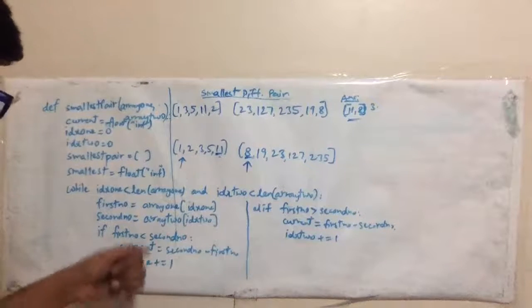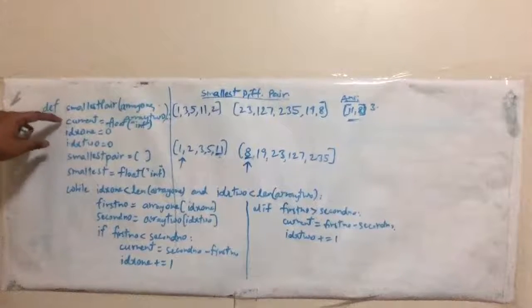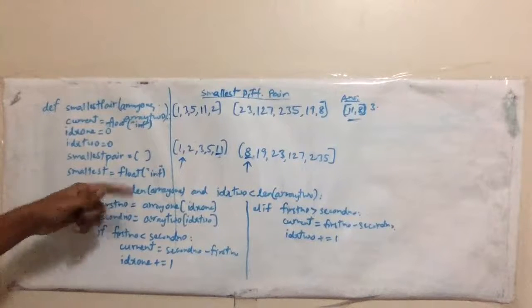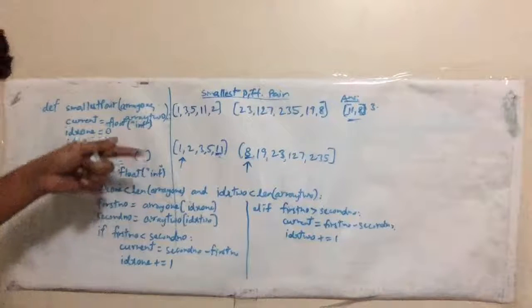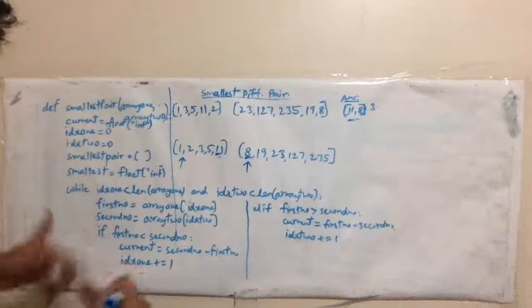We did this, and now we need to compare the current and the smallest. Current is something which we are getting in one iteration. This smallest is for comparing with the next iterations.